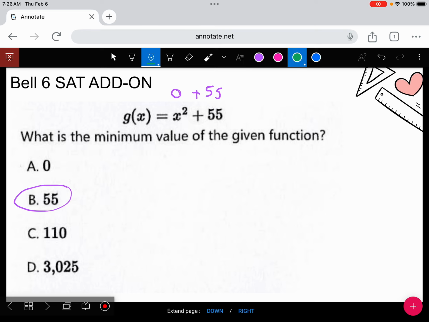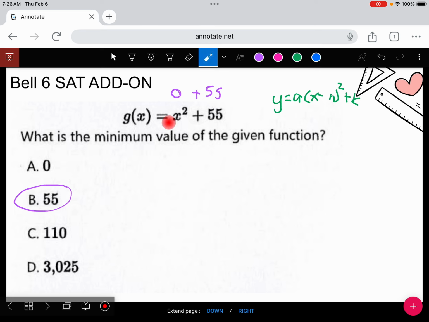If we remember our parabola stuff, you can think about our vertex form where we had our a times x minus h squared, plus k.